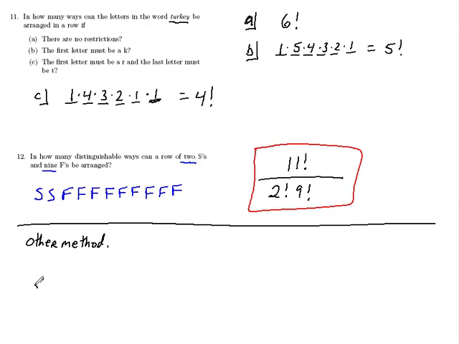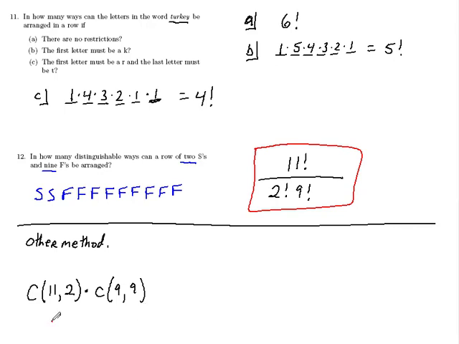Because of that, there's 11 positions, pick 2 for the S. Since the S's are identical, it doesn't matter the order that you pick those positions in, the S will be in those spots. Now once the S is placed, we place the F. There are 9 F's to be placed. We had 11 to start with. We used up 2 spots. That means there are 9 spots left. We need all 9 of them for the letter F.